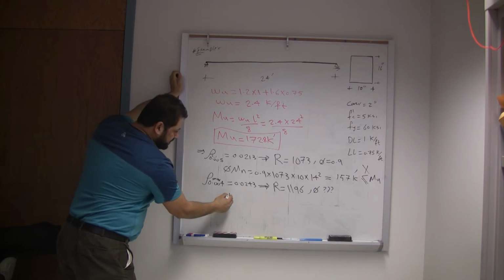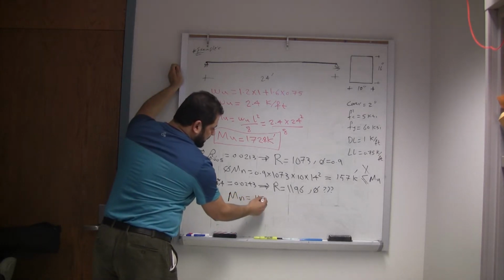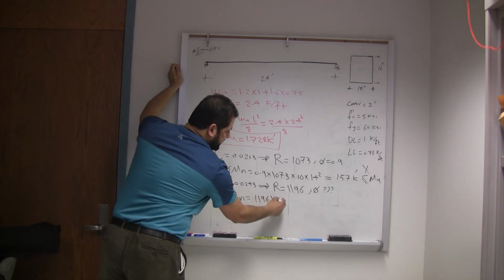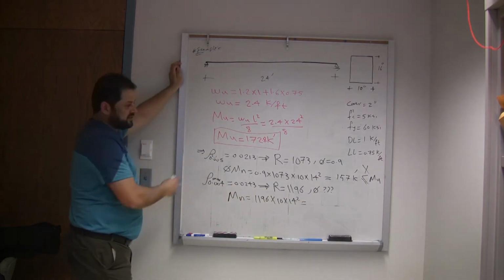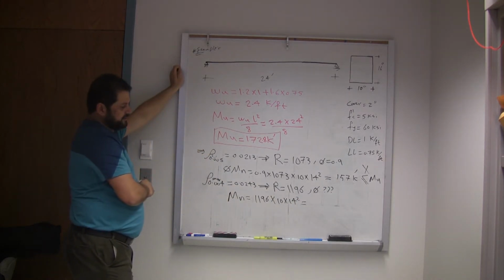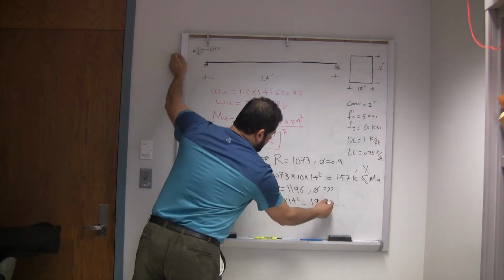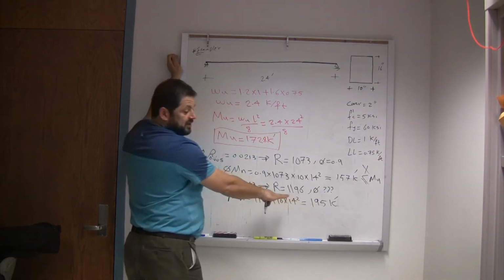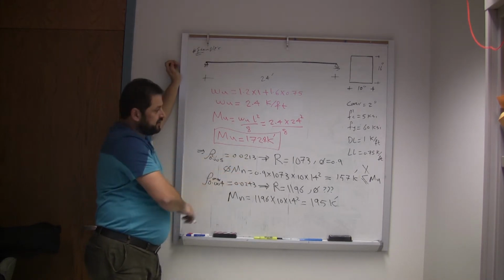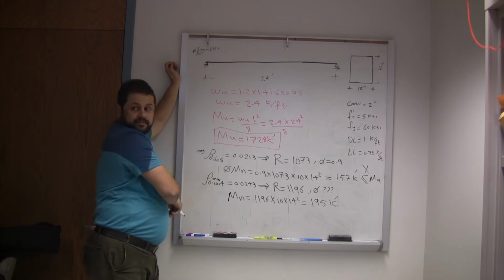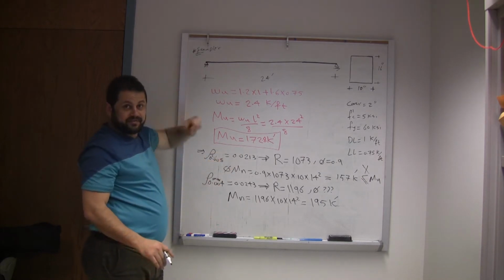So Mn equal 1196 times 10 times 14 squared. You divide by 12,000 to get it in foot-kip: 195 foot-kip. This still needs to be multiplied by the phi factor. If the phi factor was 0.9 and you multiply by 196, how much do you get? You get 175. But the phi factor is not 0.9.